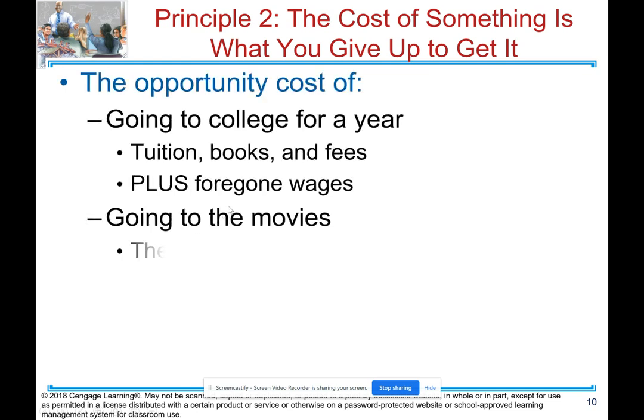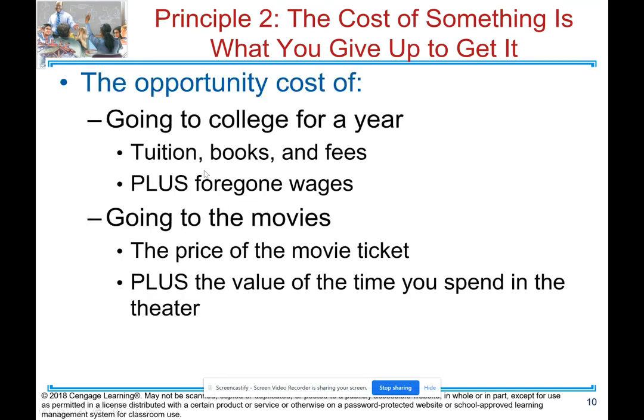The opportunity cost of going to college for a year means you have to incur tuition, books, and fees, plus foregone wages. Going to the movies, the price of the movie ticket is a cost, plus the value of the time you spend in the theater. Every decision involves opportunity cost.